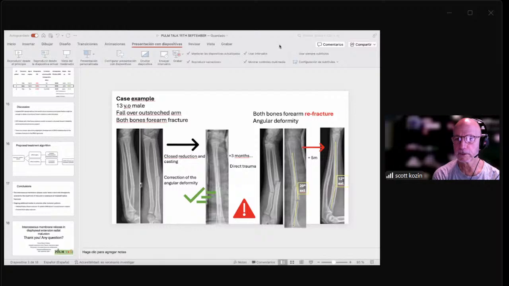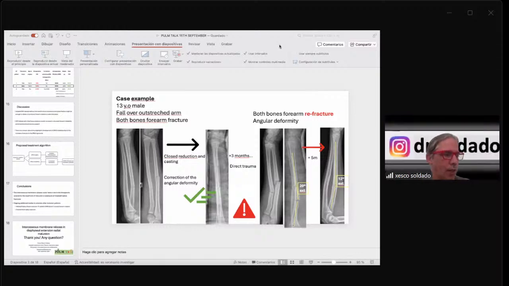Scott, Dan Slotolov, in one of his papers, hypothesized that over time you can have a scar, so you have to correct the deformity before 1 year or 6 months, right? So you were thinking also about the interosseous membrane role in the malunion, right?